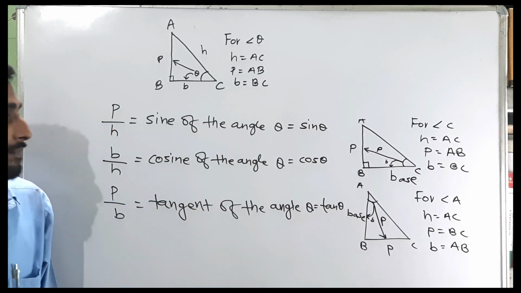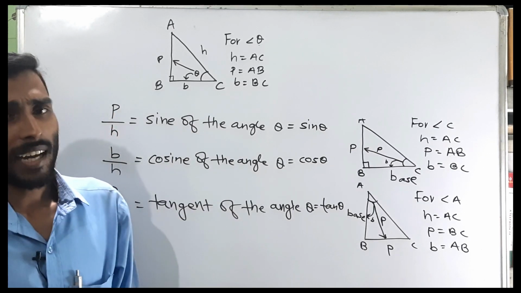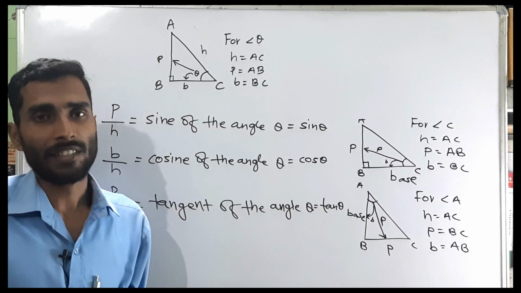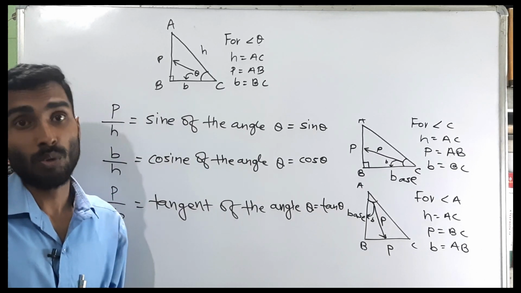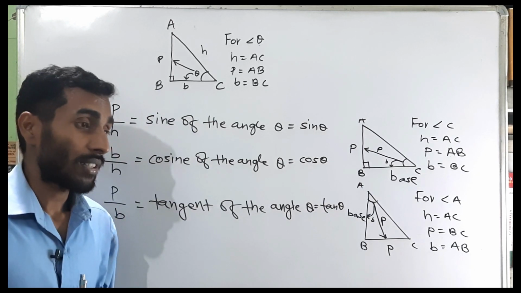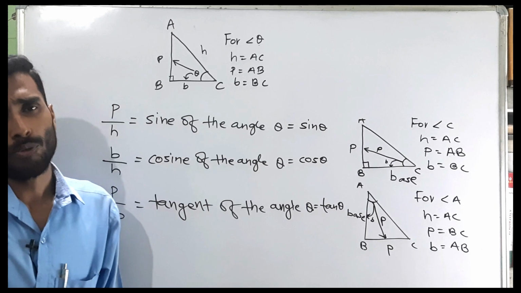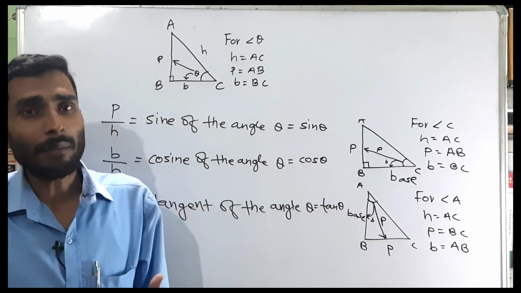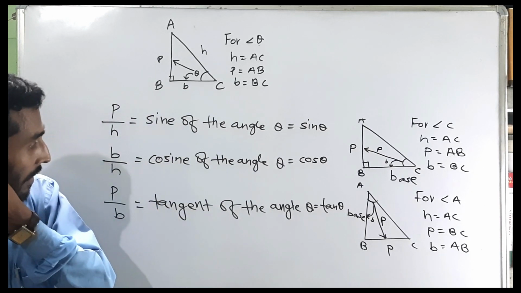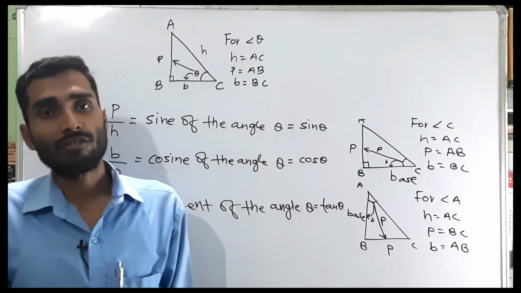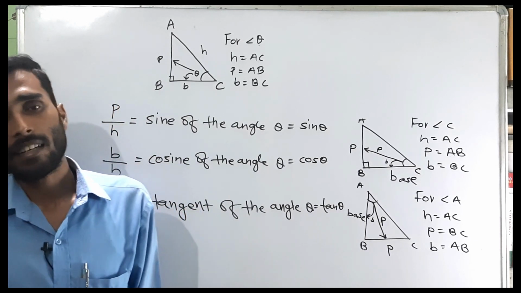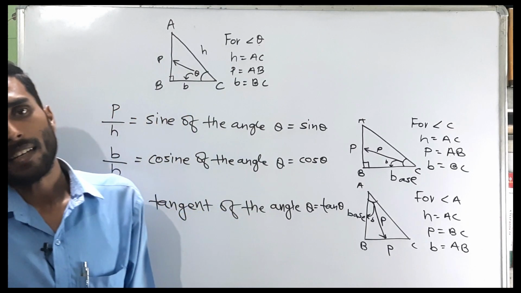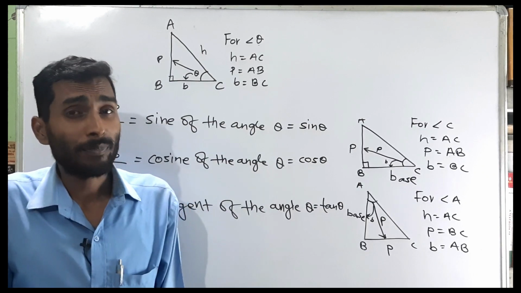After some time it was translated into Arabic by Al-Khwarizmi and other Arabic mathematicians, and after that it was translated into Latin, and in this way it propagated all over Europe. In the Aryabhatiya, the Indian term was Jiva, or Jya in short.